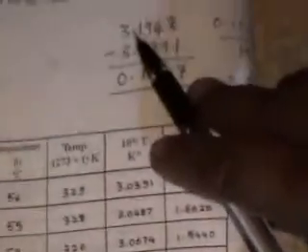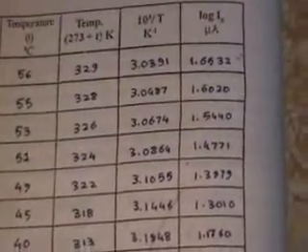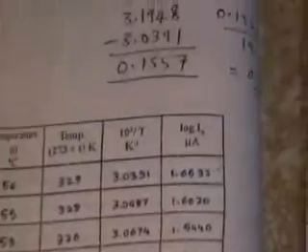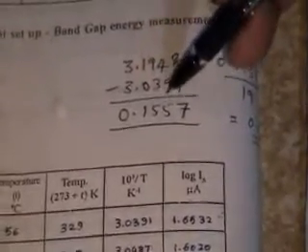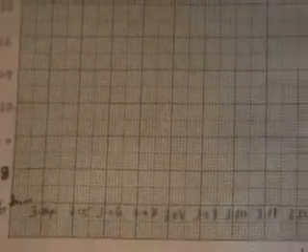For the x-axis in a similar fashion, the highest reading is 3.1948 and the smallest reading is 3.0391. So the difference is 0.1557. On the x-axis you have approximately 19 divisions. If you divide 0.1557 by 19, it comes to around 0.008, so you can take it as 0.01.